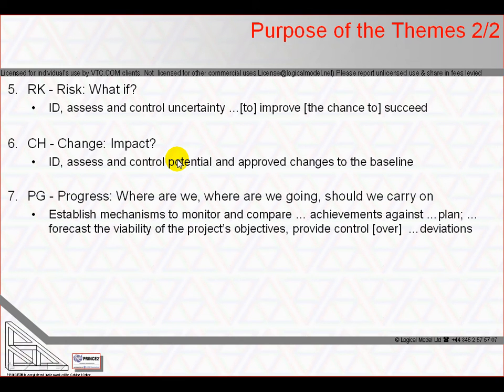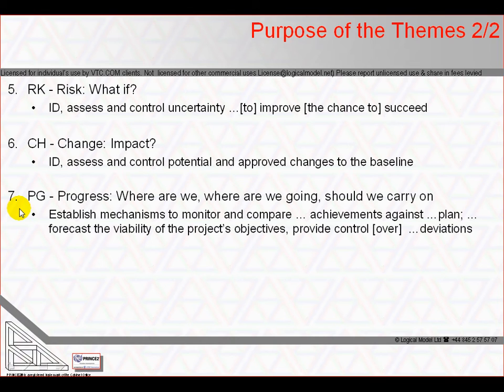The last of the themes is the progress theme, which asks, where are we going, and should we carry on? The progress theme explains the decision-making processes for selecting stage boundaries, defining tolerance limits, approving plans, monitoring achievements, using the registers, and the process to trigger escalations for events outside of tolerance from planned performance.